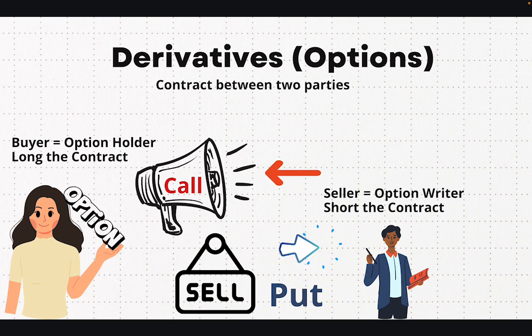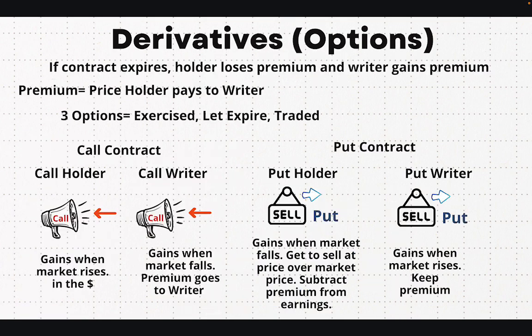I want to take it. That's a call. A put is when the buyer says, I want to be able to sell this to you. I want to be able to put it to you. If I don't want it anymore, I want to be able to sell it to you. That is a put. The buyer is making these determinations.